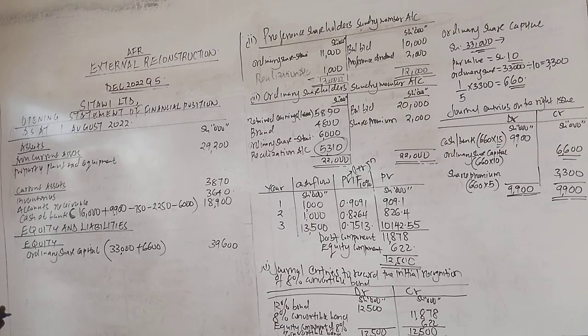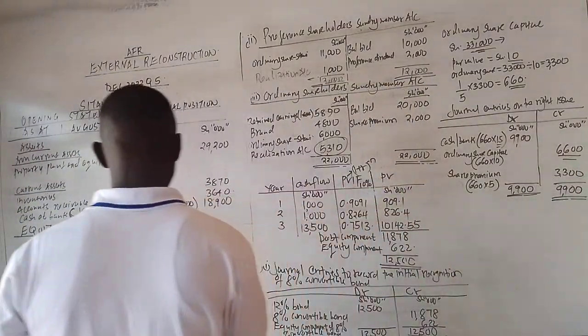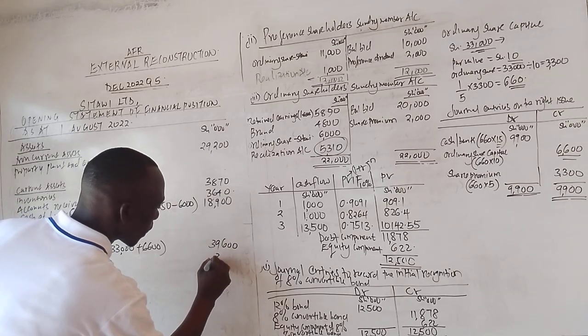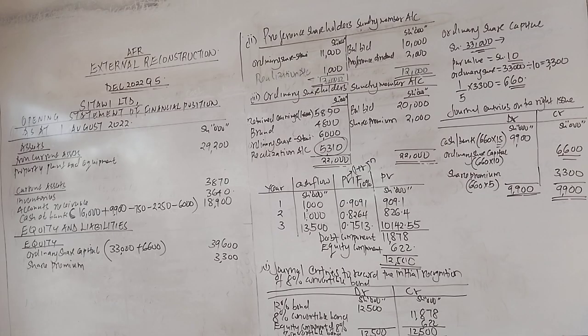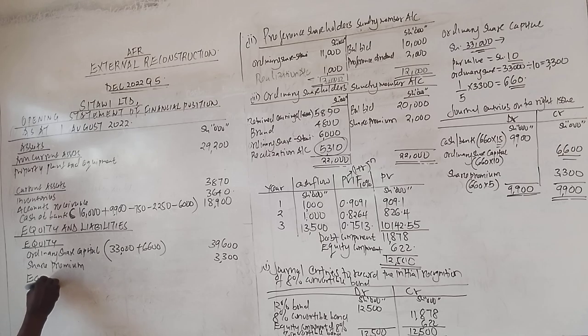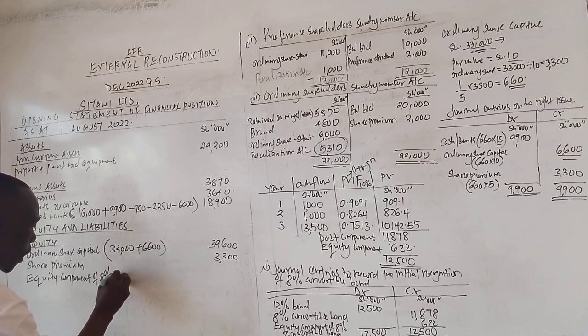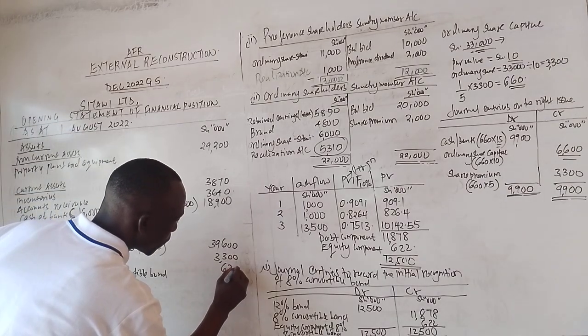Then we had the share premium. The share premium was 3,300. Then we had what we call the equity component of the 8% convertible bond, which was worth 622.